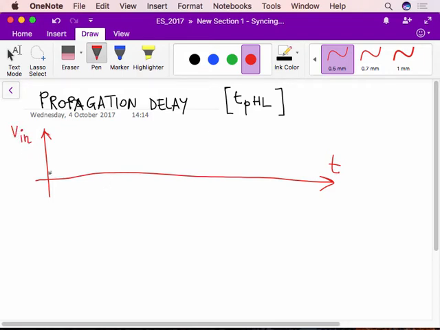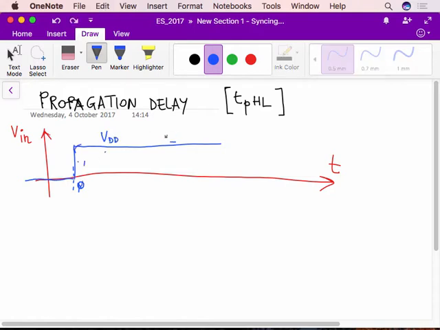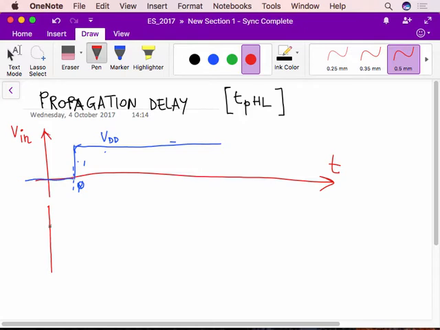Let's assume this is the input voltage. The input voltage goes between 0 and at some point, let's call it 0, it goes to VDD. Let's assume that the input has an abrupt switch from 0 to VDD. Then what happens at the output voltage?